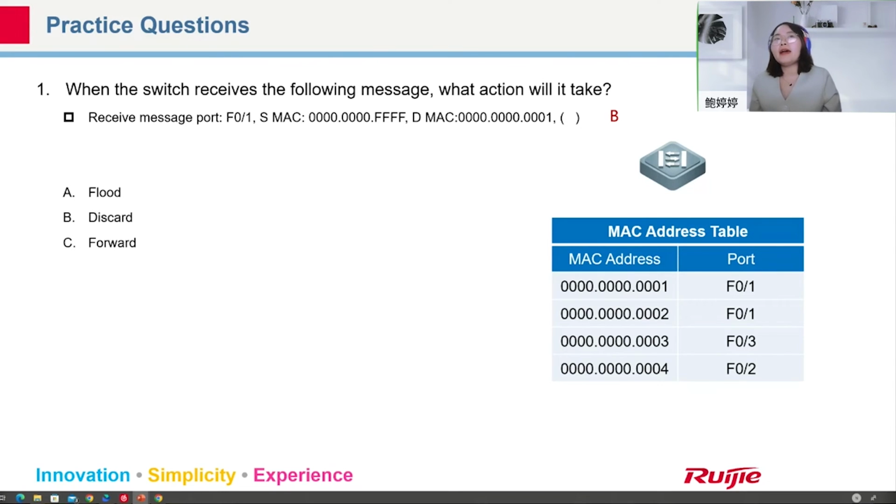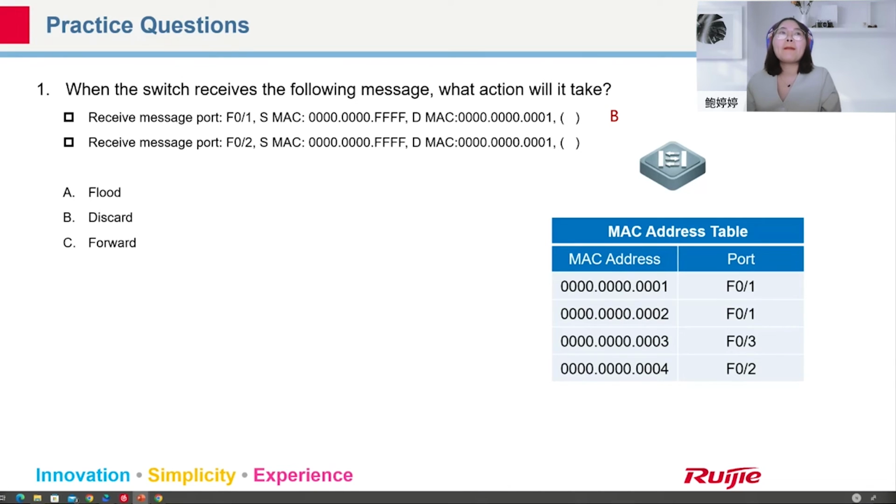For the first one, we will add the MAC address FFF and connect it with the first interface. Then I will check the destination MAC address 001 in the MAC address table, and according to the table, I have to send it out to the first interface. It's the same as the receiving interface, so this message I will directly discard. Maybe in the first interface, there is a hub, right? So this is option B.